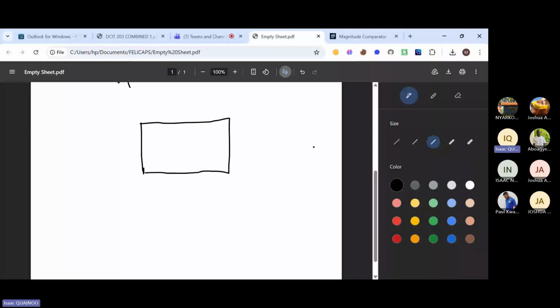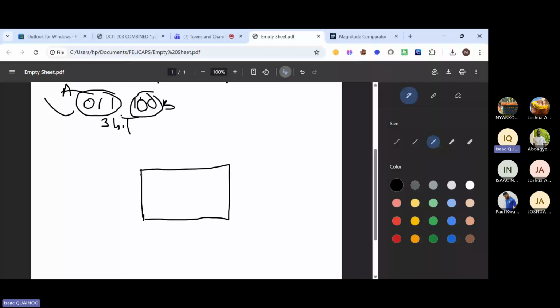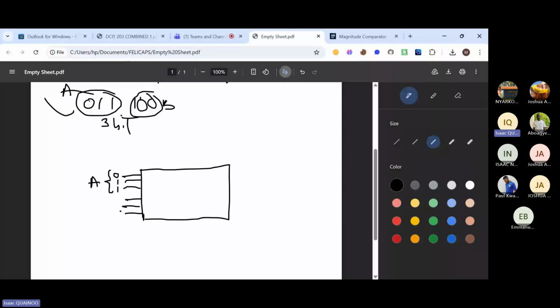So we had our input as 0, 1, 1 for input A. So we had 0, 1, 1, and we classify this input as what? A. And then the second set, we had what? We had 1, 0, 0. And then we classify this input as B. Okay.